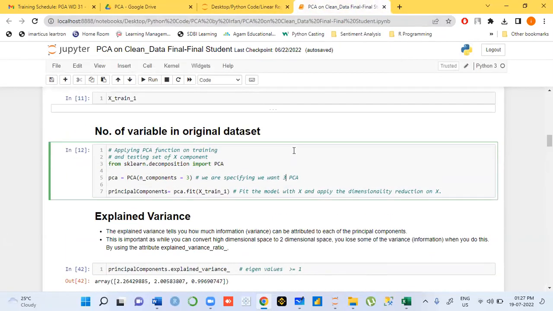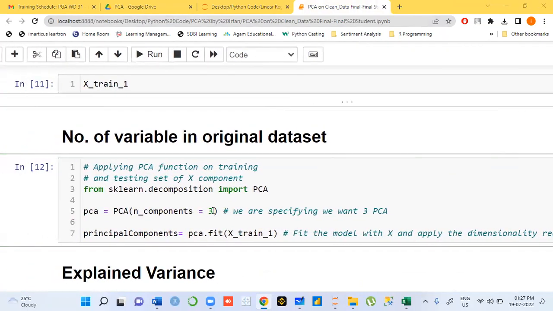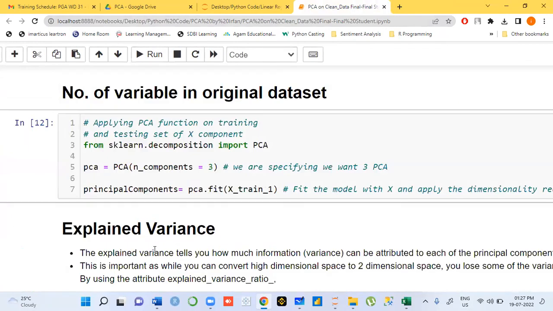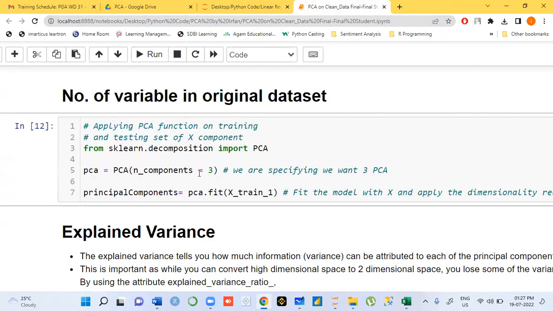Sorry, sir, your voice is cutting. Can you see the Python screen? Yes, sir. Only we read this much. Okay. And this is your data set. Okay. And this is what you write.